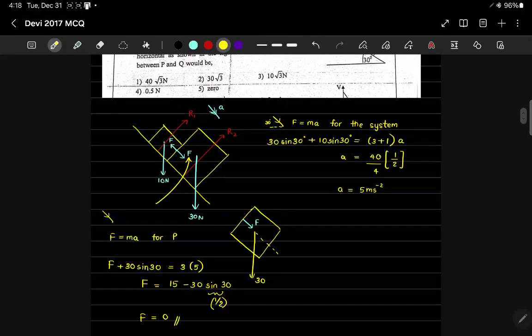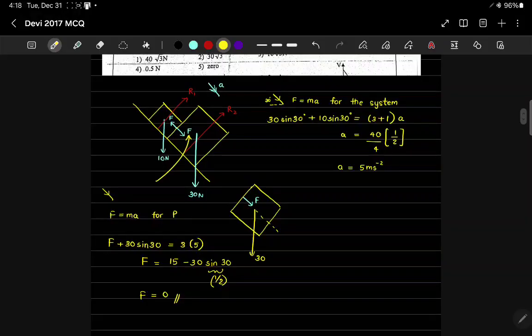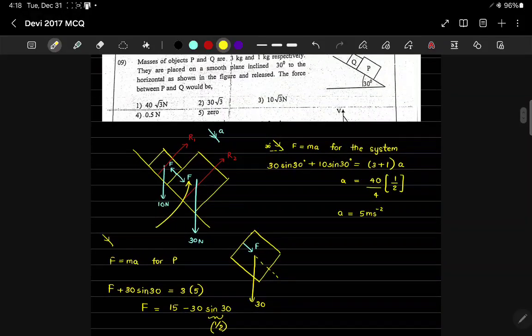So actually there is no force in between P and Q when it is released from rest under gravity. Both Q and P fall together with the same acceleration, but there is no force in between them. This F force is 0.